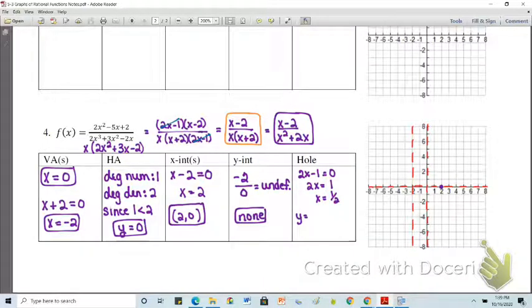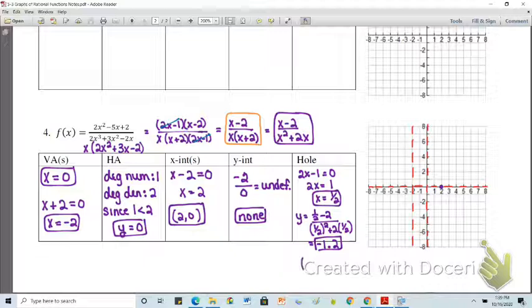So that would be 1/2 minus 2 all over 1/2 squared plus 2 times 1/2. And I'm going to use my calculator to get a number, and it's -1.2. So from there, I am going to write that as a point.